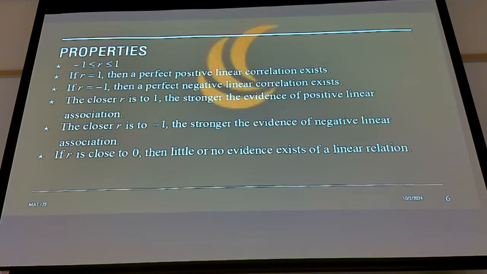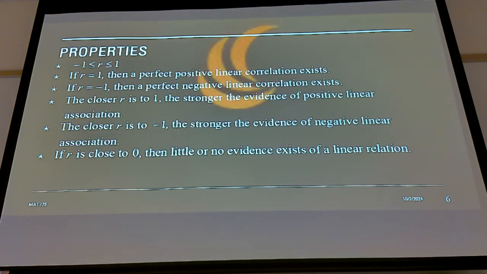There's probably not. To be fair, even an R of 0.5 is kind of weak. That'd be very weak linear correlation. So that would be like 0.9. 0.9 would be very strong.